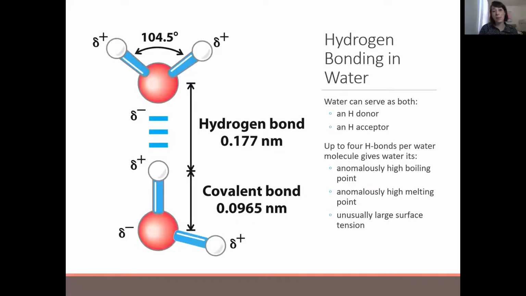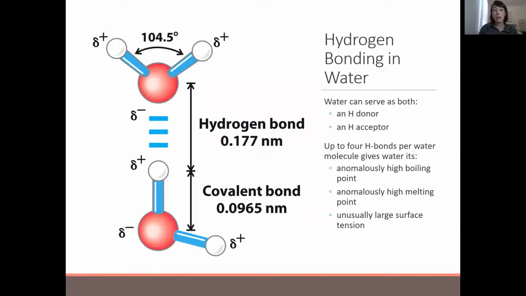Again, water is a master of hydrogen bonding. That's because water can serve as both the hydrogen donor, so the hydrogen acting in the hydrogen bond, or it can act as a hydrogen acceptor. It has an electronegative atom with lone pairs, that is oxygen, which can interact with other hydrogens to form a hydrogen bond.